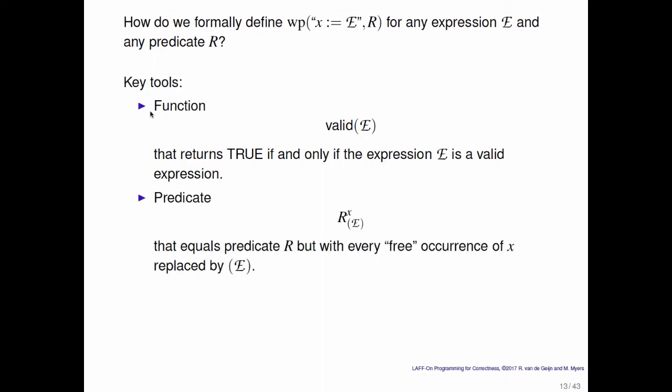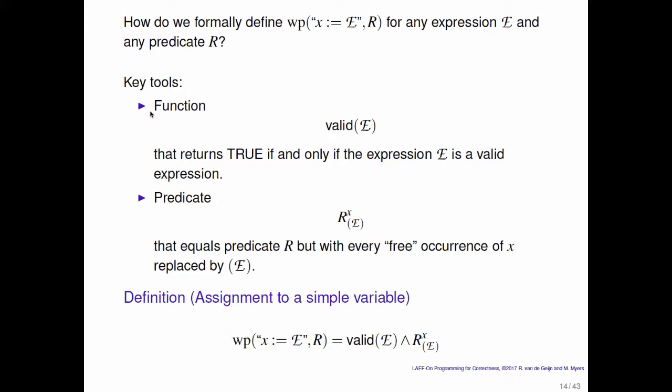Also, we introduce a predicate r super x sub e with parentheses around it. What does that denote? Well, it's the predicate r, the postcondition, but every free occurrence of x is replaced by the expression. What free occurrence means we will illustrate a little bit later on.